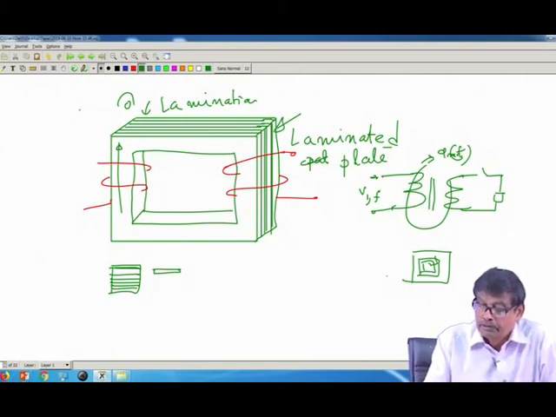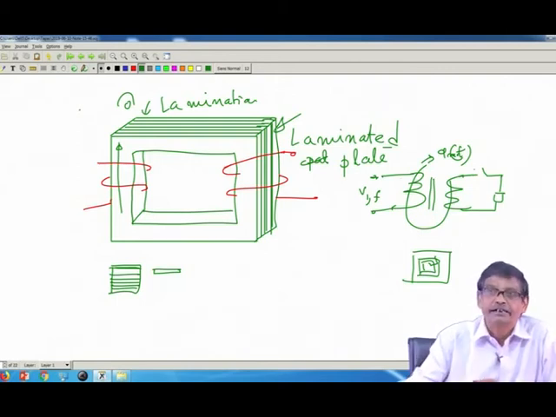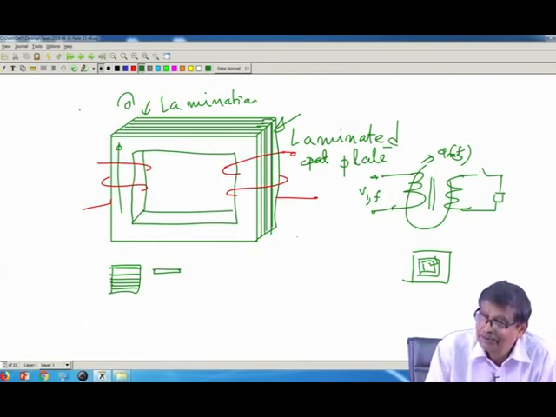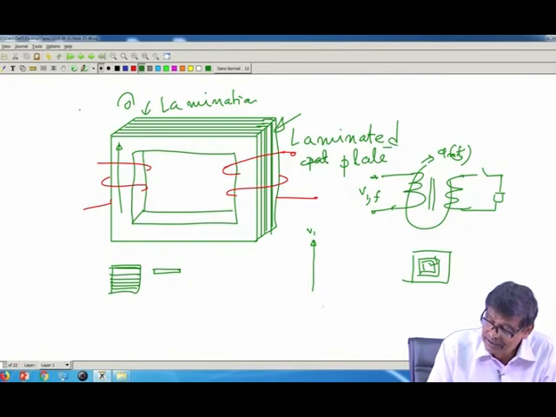Therefore, those tiny eddy currents too will have reflected current on the primary side. This is another way of looking at the thing. This is your voltage, and suppose I show only the eddy current, the flux will be around this point, phi.